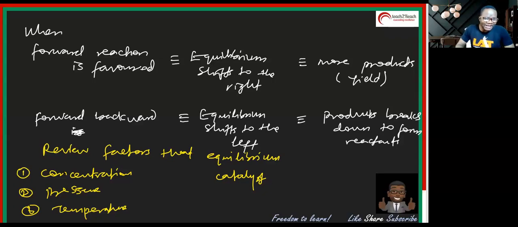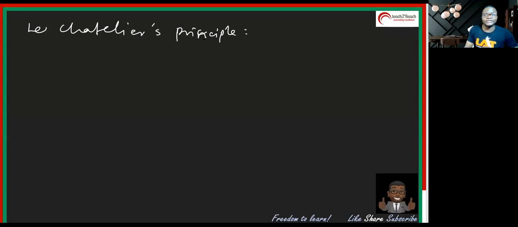So let's now see how these factors affect the position of equilibrium. Now, let's introduce a principle that will guide us to understand how equilibrium could be restored. There is a principle called Le Chatelier's principle. The principle just explains how equilibrium is restored.